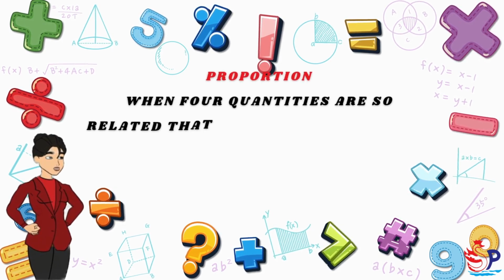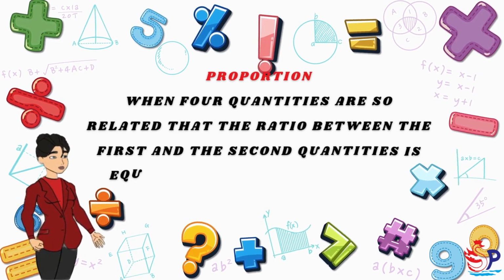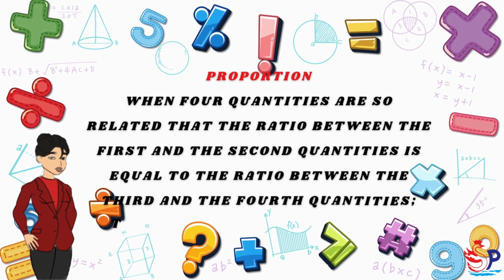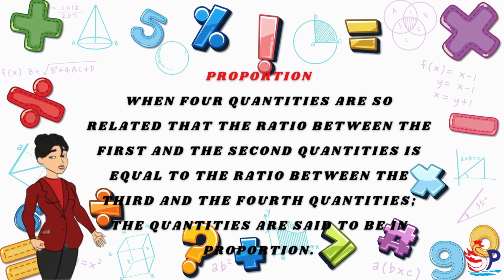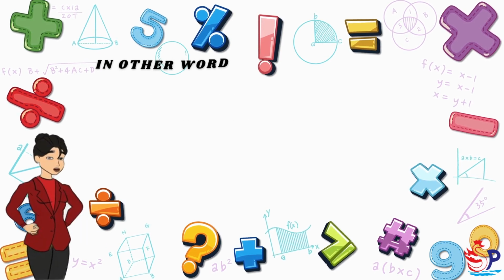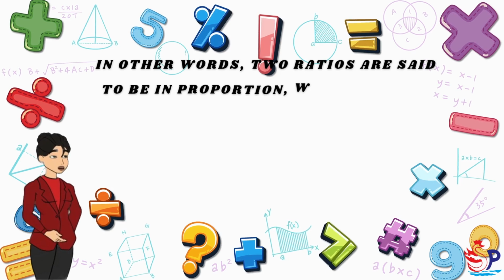What is proportion? When 4 quantities are so related that the ratio between the first and the second quantities is equal to the ratio between the third and the fourth quantities, the quantities are said to be in proportion. In other words, two ratios are said to be in proportion when they are equivalent.